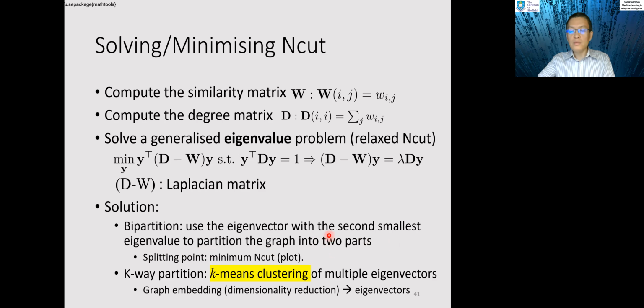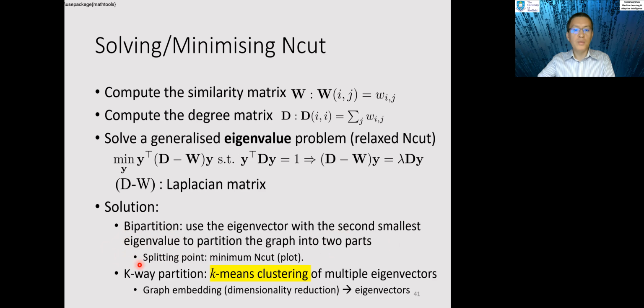The dimension of the eigenvector is equal to the number of data points, so each element in the eigenvector represents one data point, and it is sorted.